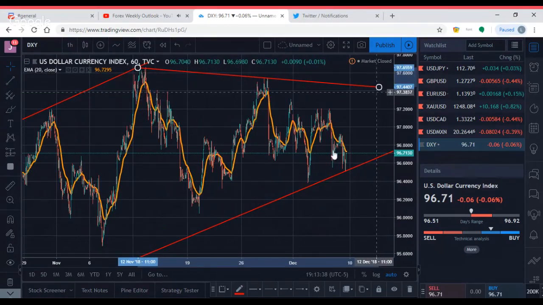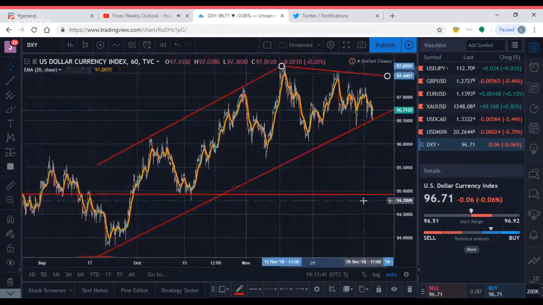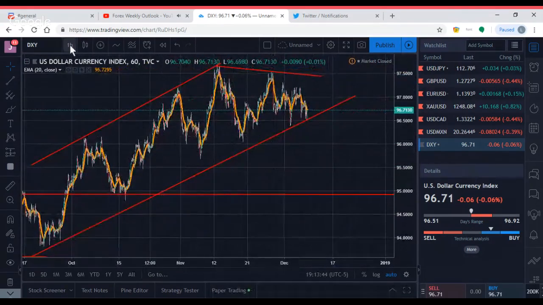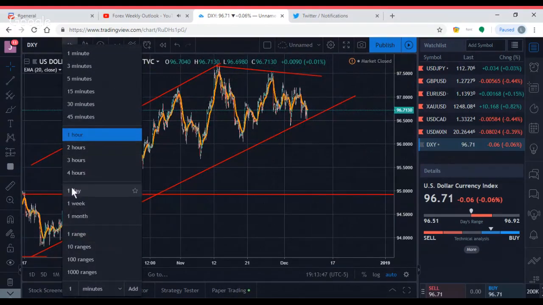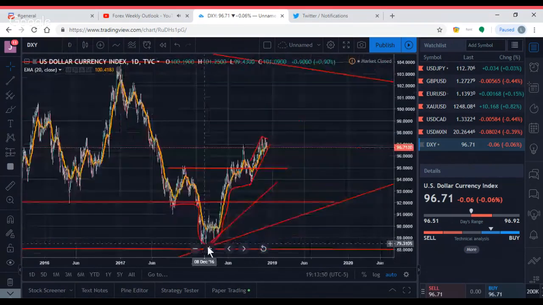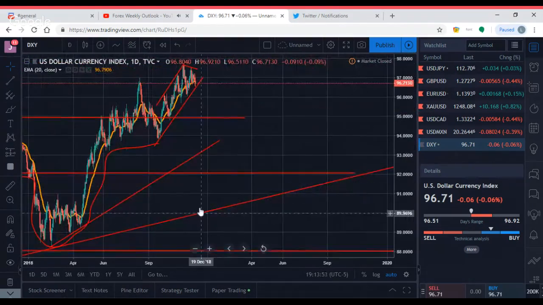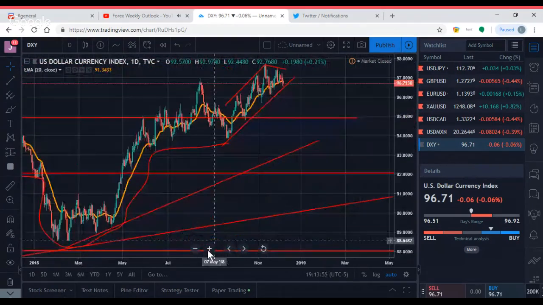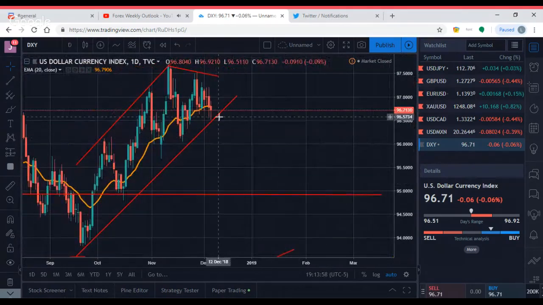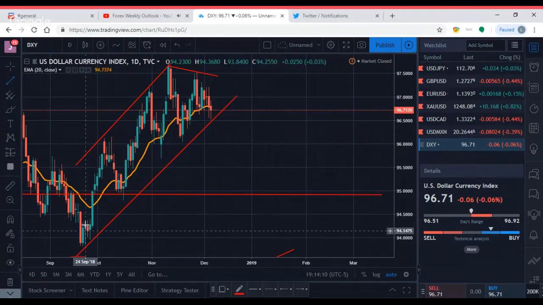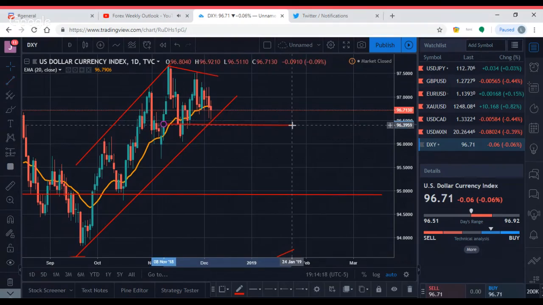So Dixie for this week, it's back to this trend line. I think it'll bounce. I don't think we'll have too much movement in the dollar index. Along this trend line, it's just following it, but it is lower highs. So I think it'll stay between this range.